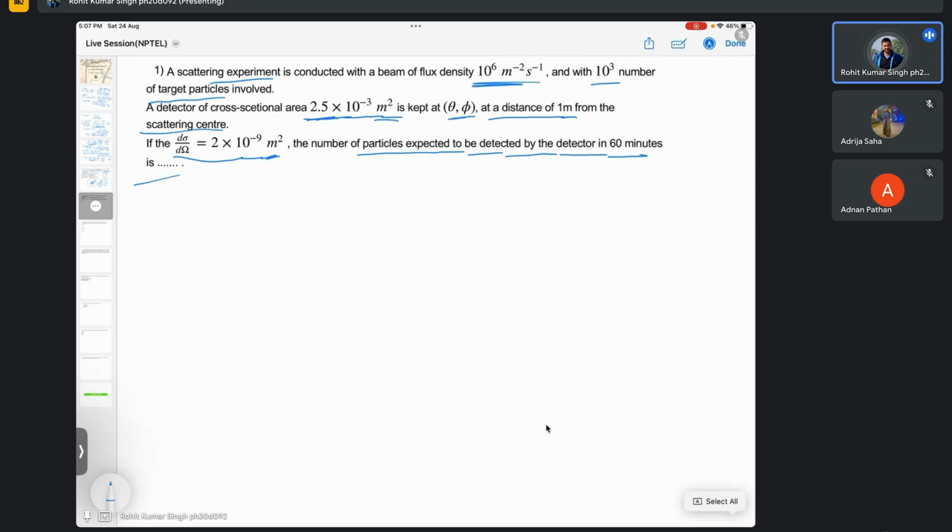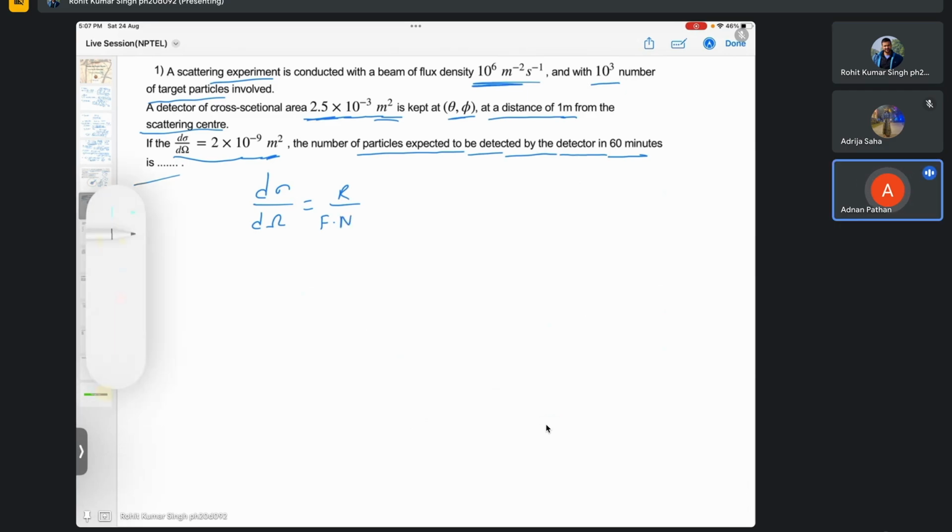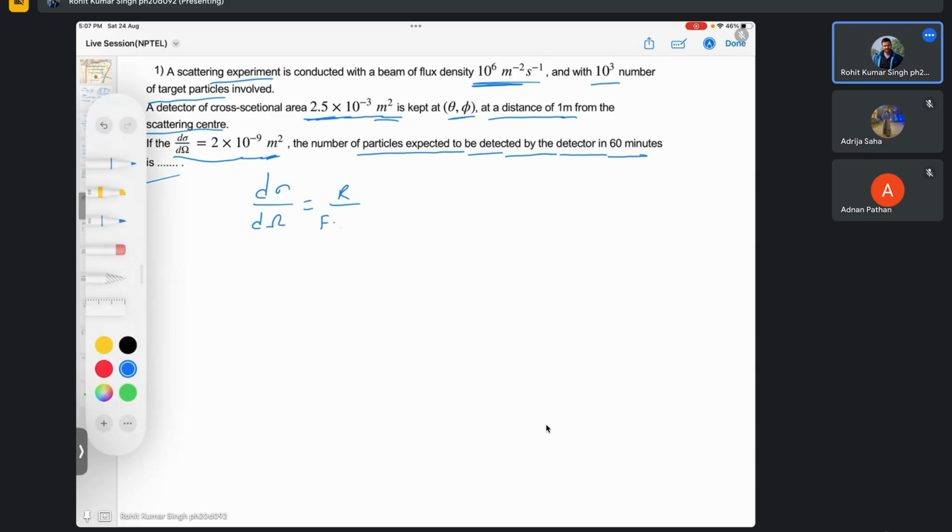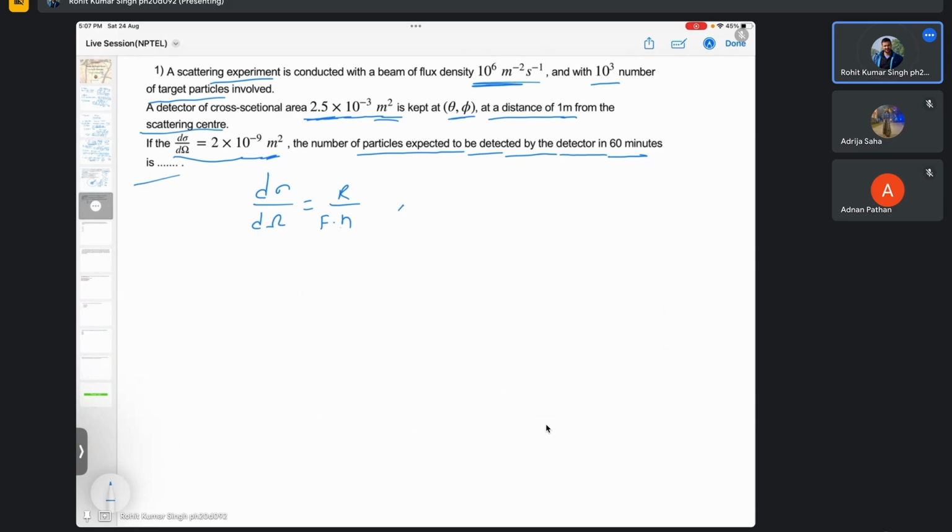So we have this formula, right? Here we have to find the number of particles detected.